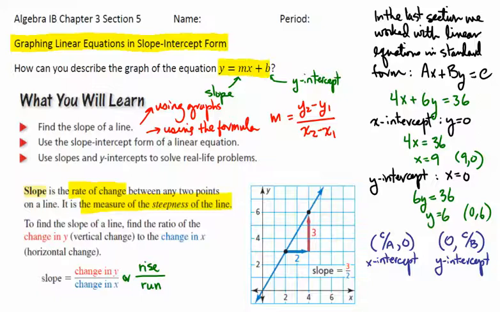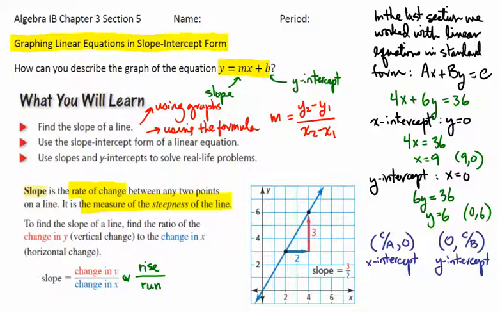So perhaps it's better to say that slope is the change in y over the change in x. It's the ratio of the change in y to the change in x. How much does y go up or down as x increases? So that's what we're going to be measuring.